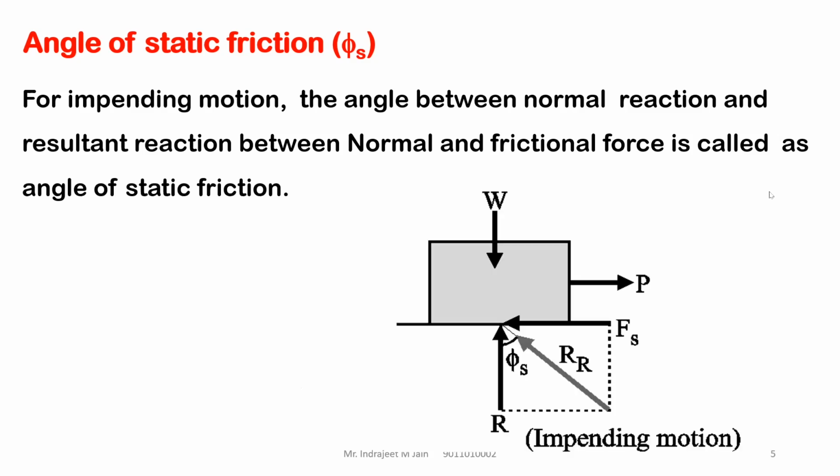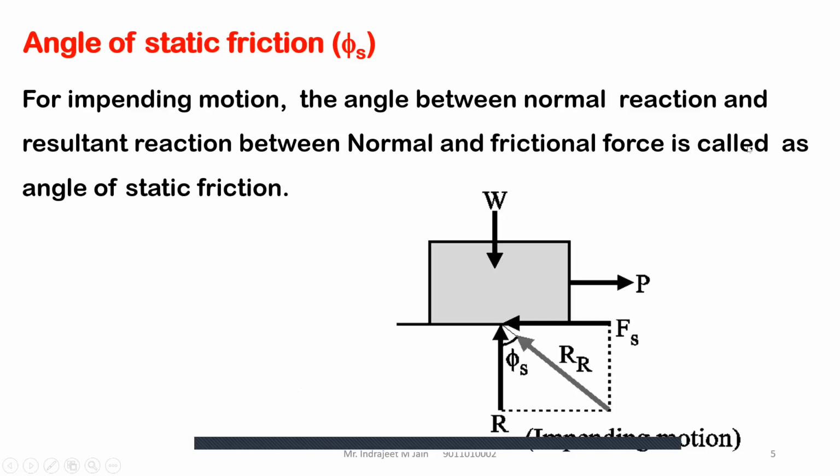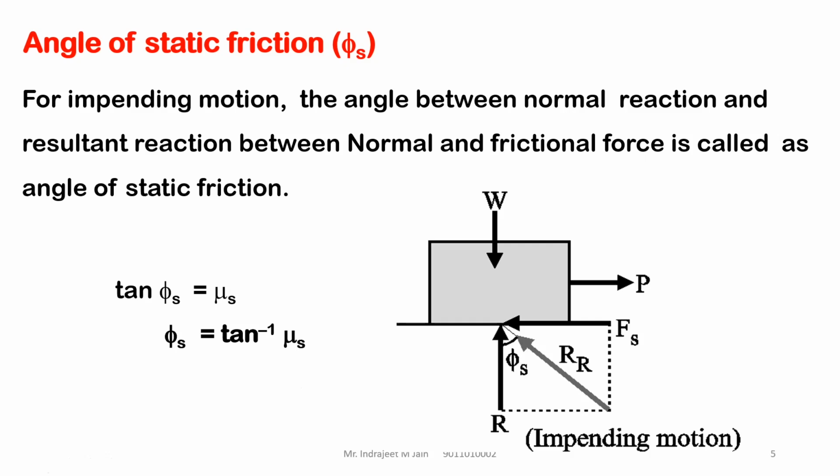Here you can see that the frictional force is leftward, the normal reaction is upward, and the resultant reaction will be acting here. This angle between the resultant reaction and the normal reaction is called the angle of static friction. So tan phi is equal to mu s, the coefficient of static friction. So the angle of static friction is equal to tan inverse of the coefficient of static friction.